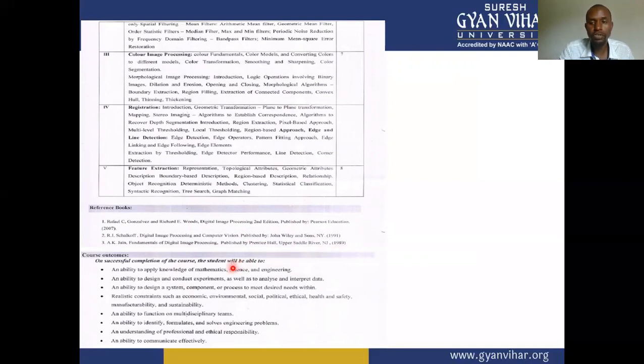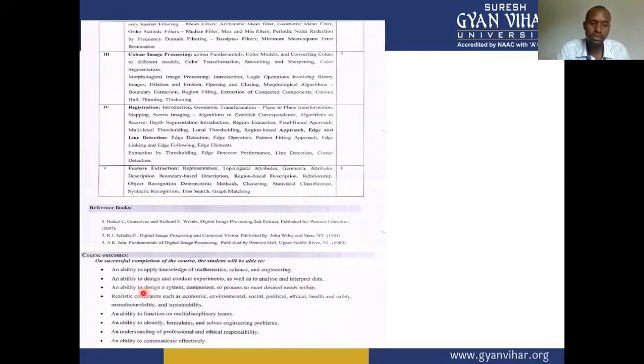On successful completion of our coursework on this subject, these are the outcomes that we need to cover. These outcomes are not necessarily inclined to this subject only, but to the entire course. The first outcome is to have the ability to apply knowledge of mathematics, science, and engineering. The second outcome is the ability to design and conduct experiments, as well as to analyze and interpret data. So this is where data science comes in.